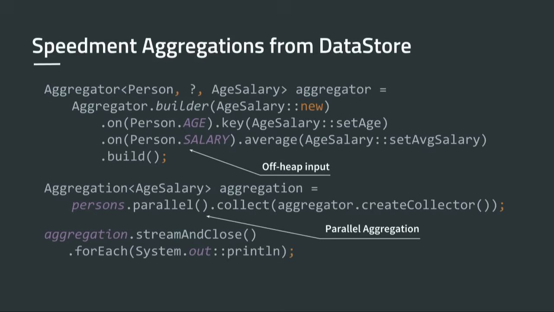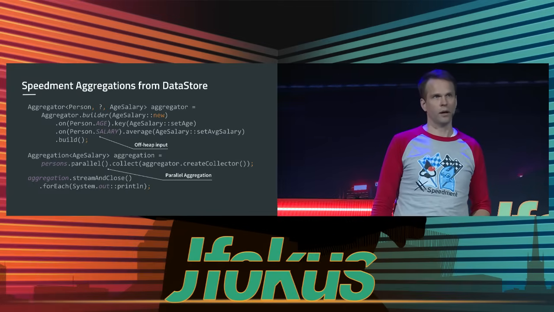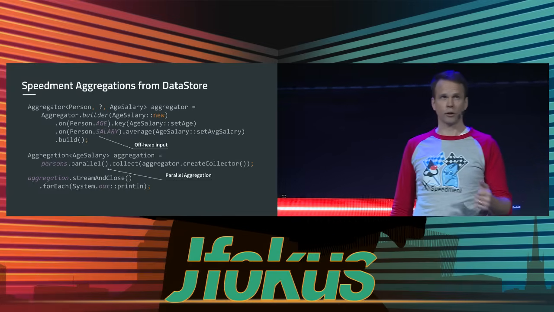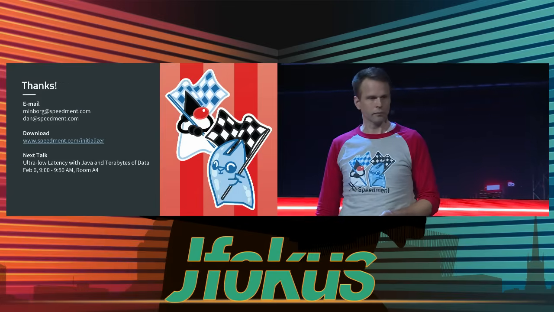And then we can add parallel in the way that we showed before. And since computing averages over these buckets can be very easily parallelized and then merged together, this will be a super efficient way of computing this aggregation, both in terms of heap load, but also in terms of parallelism.